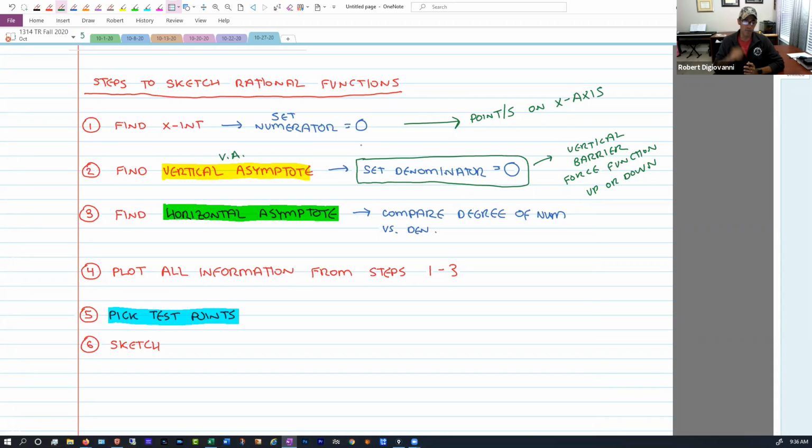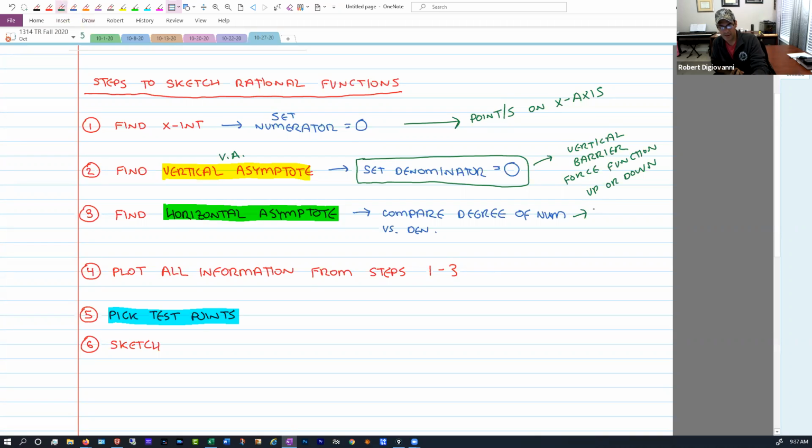Okay, so X-intercepts, vertical asymptotes, and then we get on to this thing called a horizontal asymptote. And this is probably the most confusing part, not challenging, but the part that gets students tripped up most of the time. So I want to start by showing you what they are. Let me write down what they are.